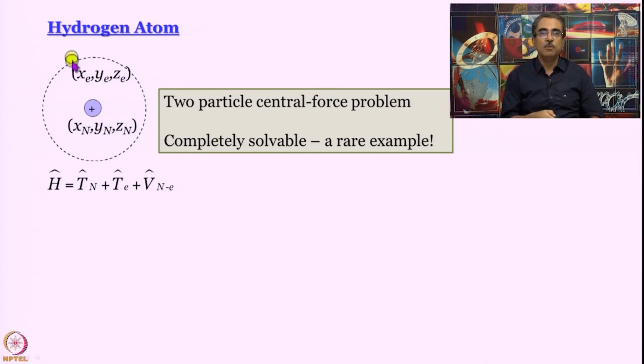So, the electron moves in whichever way it moves under the attractive potential of the nucleus, and there are 2 particles, one is the nucleus, one is the electron, and that is always a problem. Whenever we have a 2 particle problem, we try to reduce it to 2 one particle problems, which are much easier to handle. After we do that, this hydrogen atom Schrodinger equation is actually completely solvable.